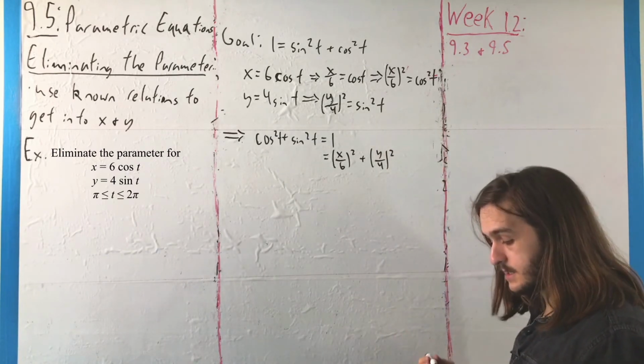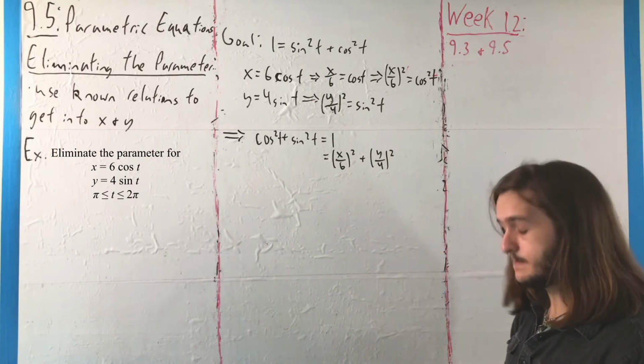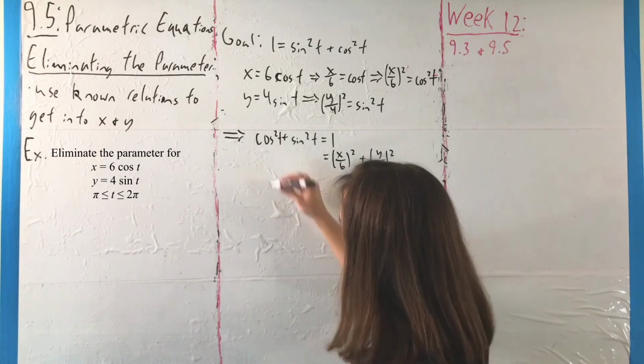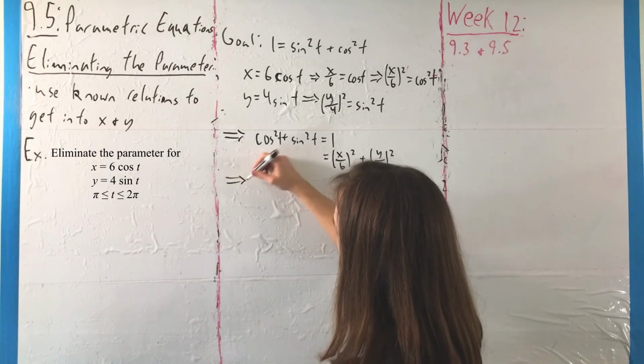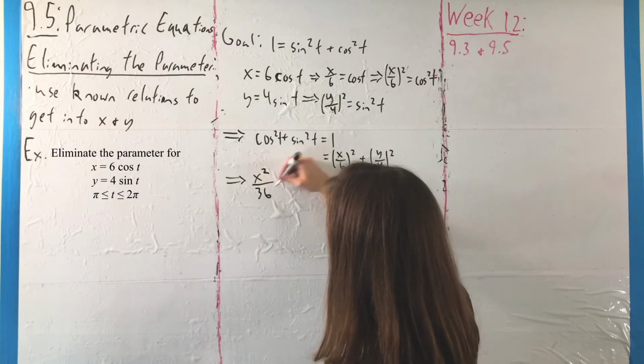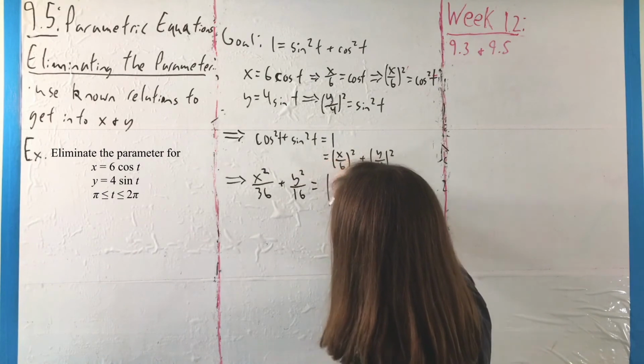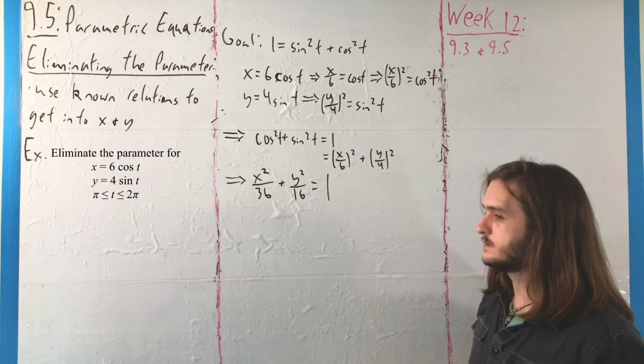So we can say that instead of looking at this in terms of cosine and sine, in terms of our parameter t, we will have x squared over 36 plus y squared over 16 is equal to 1.